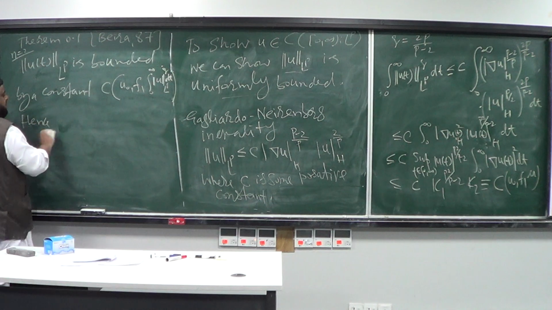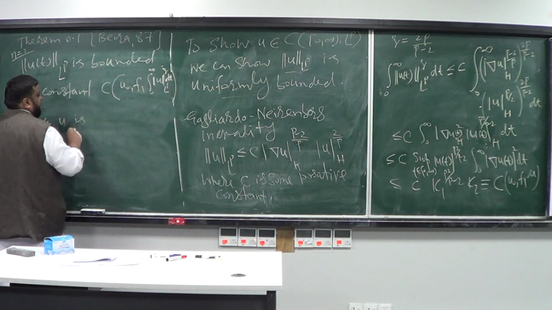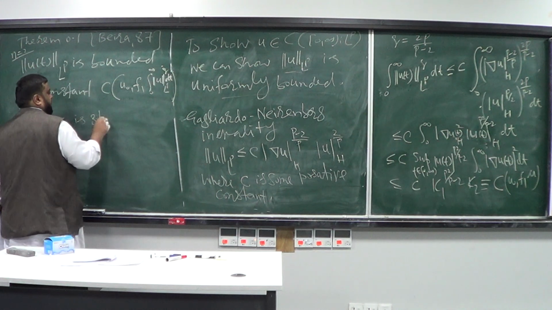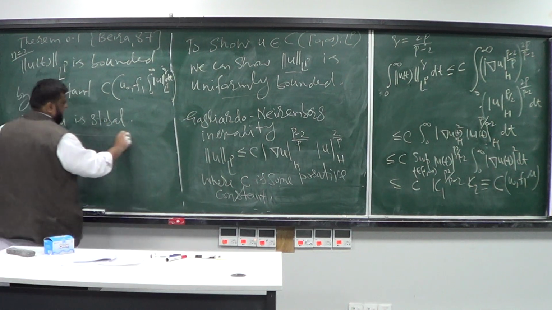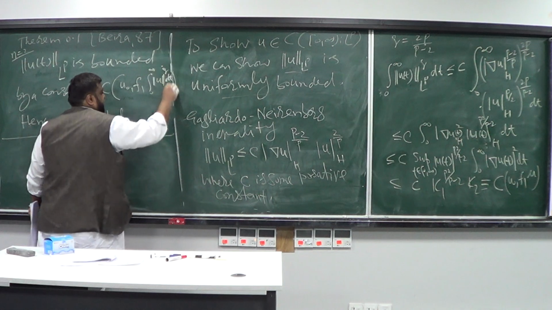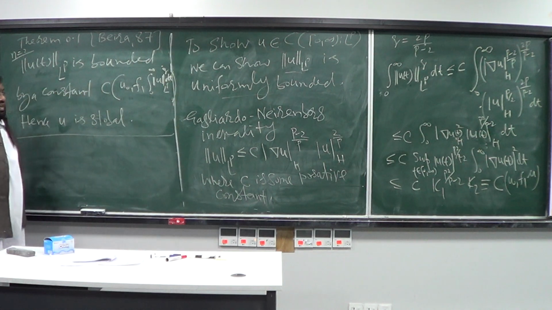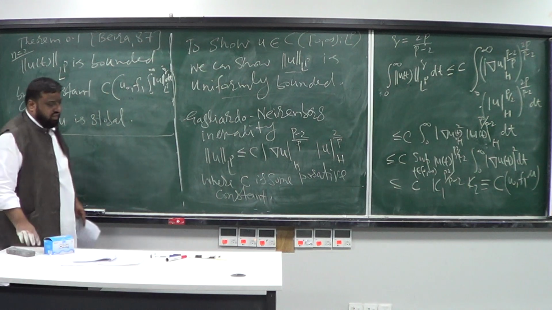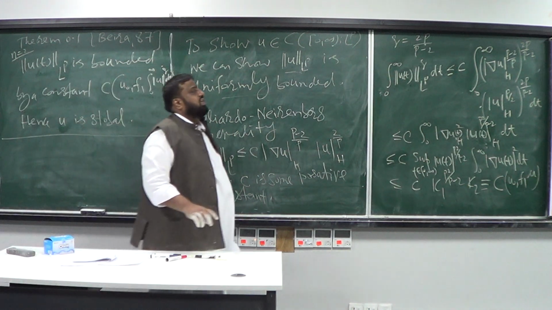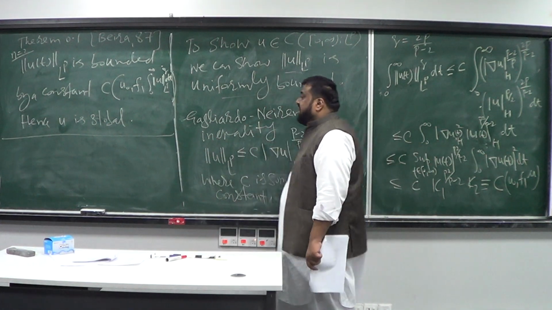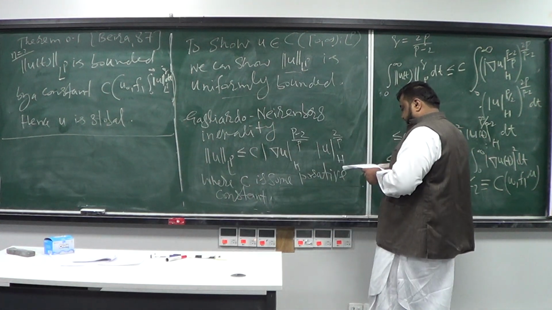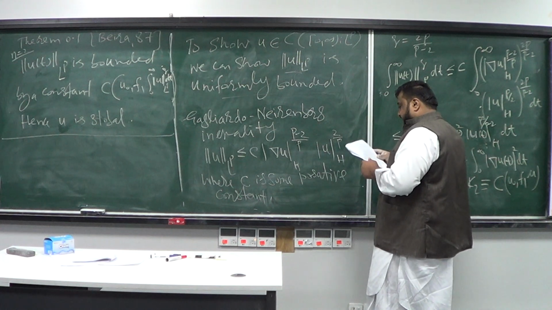Hence u is a global solution. All right. So what does this show? That our 2D Navier-Stokes equation under certain assumptions has a global solution in the respective space.